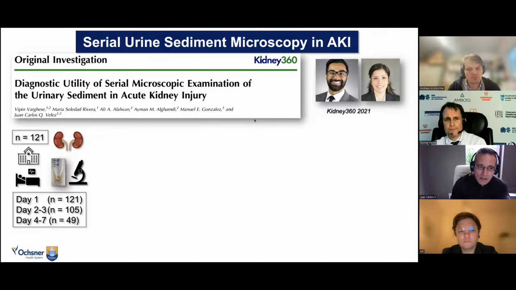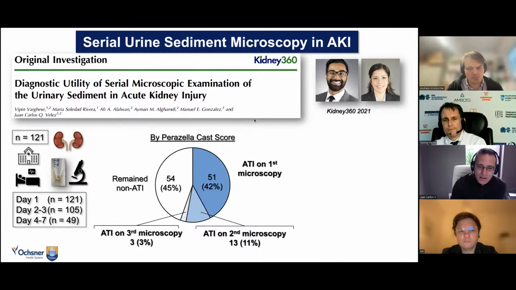Another work that our team did at Ochsner is looking at the diagnostic utility of serial microscopy. So let's say you look at the urine on day 1 and you don't really find much. Is there any value of going back and repeating the microscopy? So here is a summary of results of our study, where you can see in the blue part of the pie chart, 51 patients were identified with ATI, acute tubular injury, on the first microscopy, 42% of them.